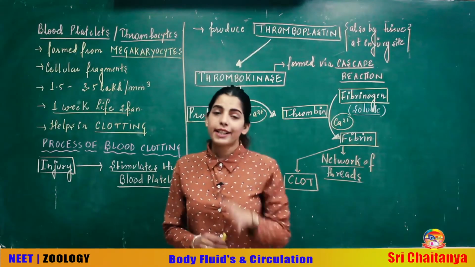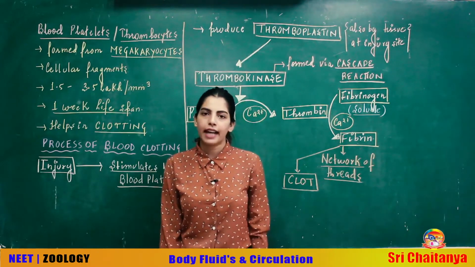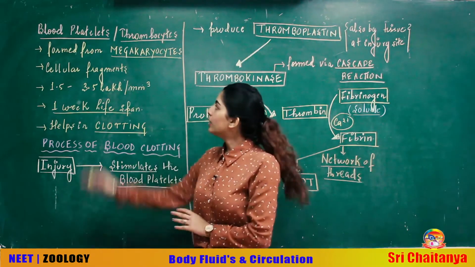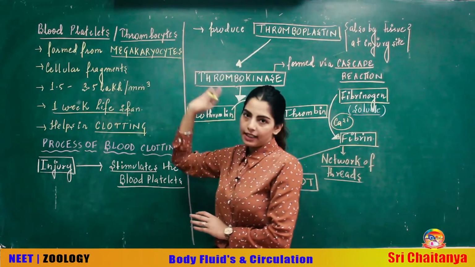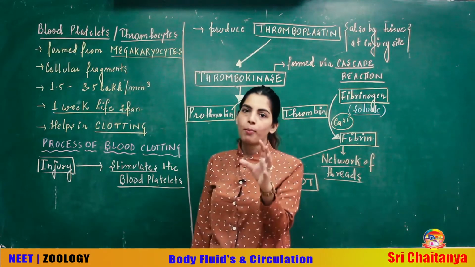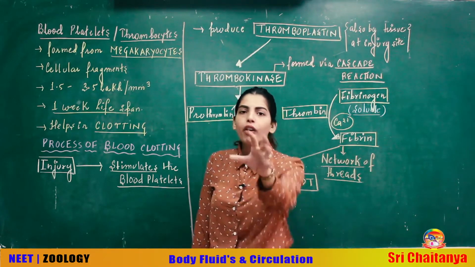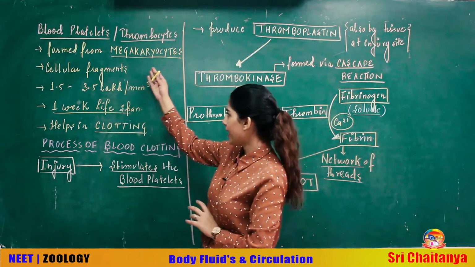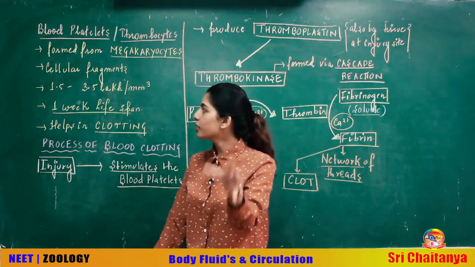Next we are going to discuss the function of your blood platelets. Now students, let's talk about the functions of the blood platelets and its different characteristics. The blood platelets are also called thrombocytes. From which cells are they formed? They are formed from specialized cells called megakaryocytes.